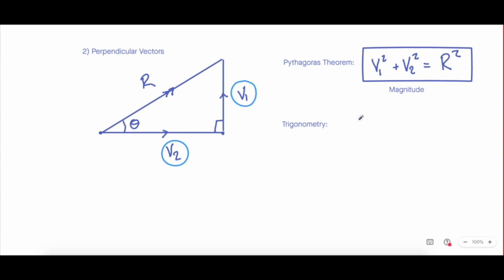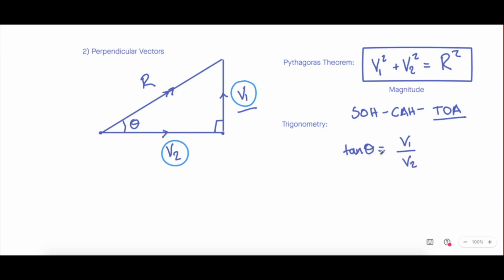From trigonometry, if you use SOHCAHTOA, you would remember that opposite and adjacent gives you tan. So tan theta is equal to opposite over adjacent. Our opposite is v1, so it's going to be v1 divided by our adjacent, which is v2, because that's what's adjacent to the angle.